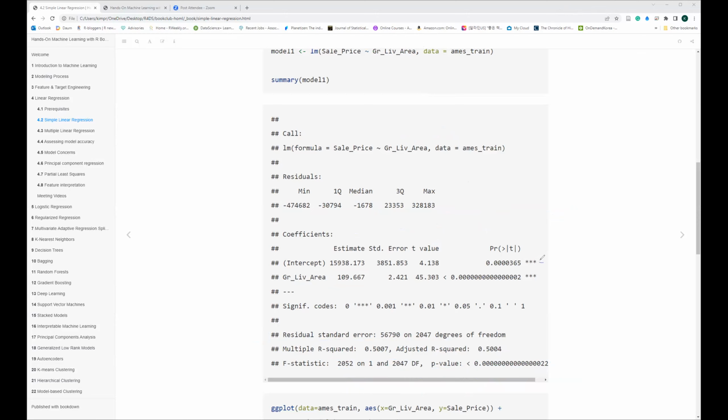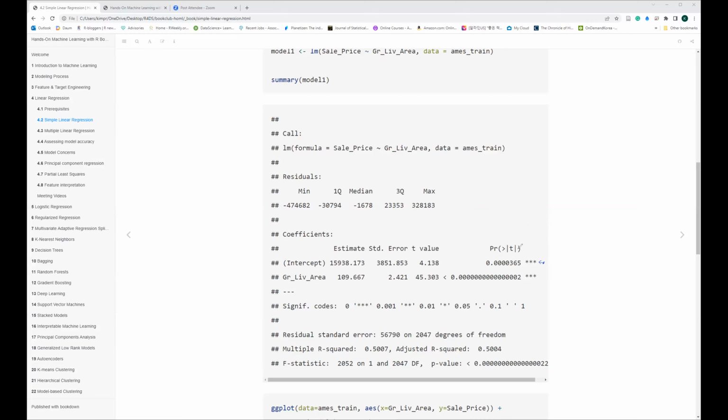For example, with housing units, the gross living area is going to be greater than 0. If it's 0, basically there's no house, unless some observations are only vacant land.